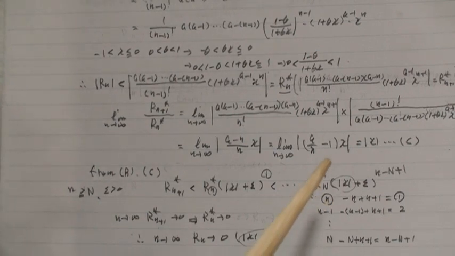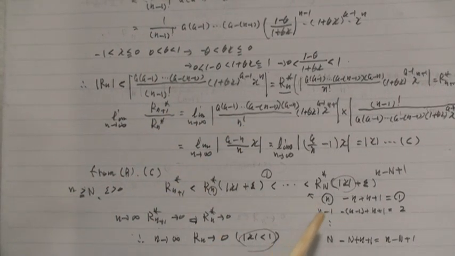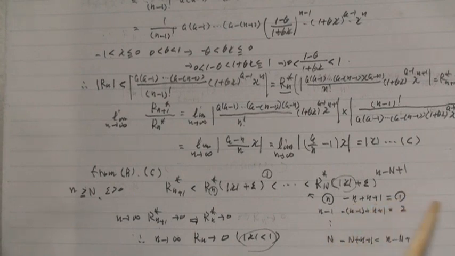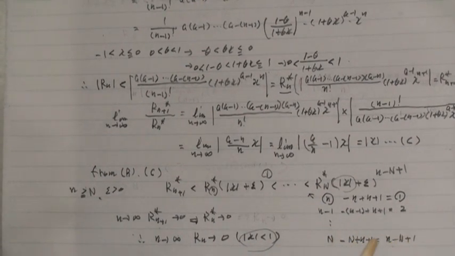And n minus n plus 1, and n minus 1 and minus n minus 1 plus n plus 1, 2. And n equals minus n plus 1 equals n minus n plus 1. Okay? And then n close to infinity, R_{n+1} star close to 0.